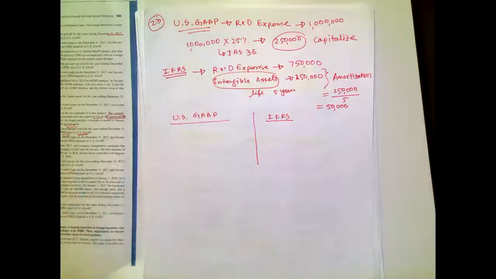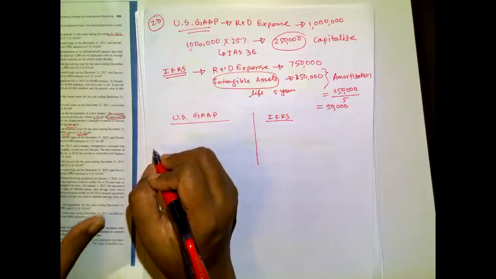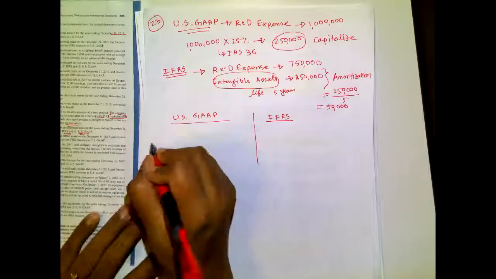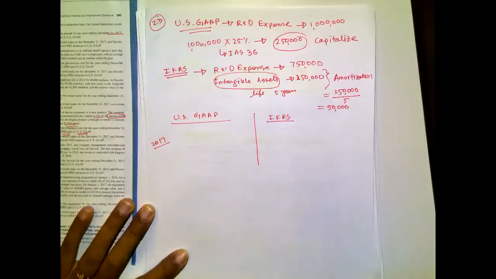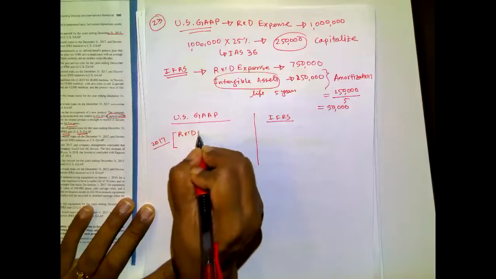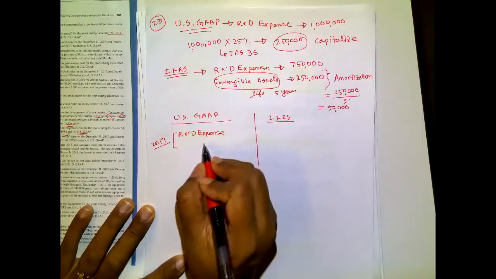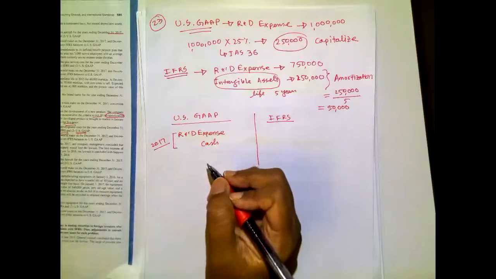So now, what we need to do? US GAAP needs to record the R&D expense. They didn't tell the date when they spent it, so just do it using the year. For the first year, 2017, they're going to record the expense. Very simple: R&D expense debit, and they paid cash because it says they spent 1 million.